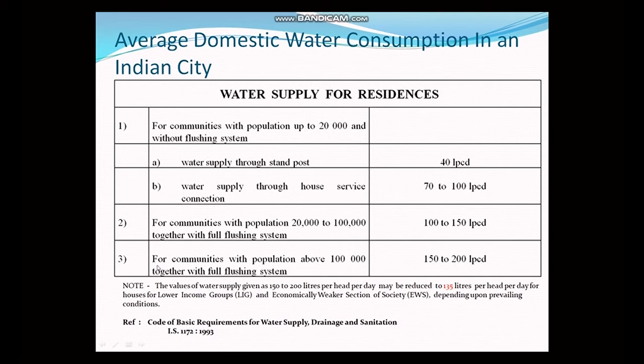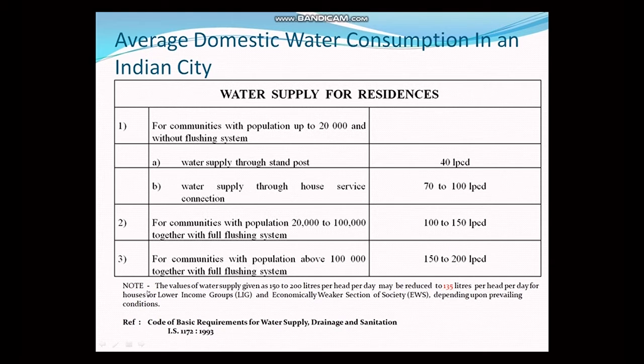And the third one is for the communities where the population is more than 1 lakh having full flushing system, and for this case the required water demand is around 150 to 200 LPCD. As you can understand, with increasing number of populations, the requirement of water demand is getting higher.